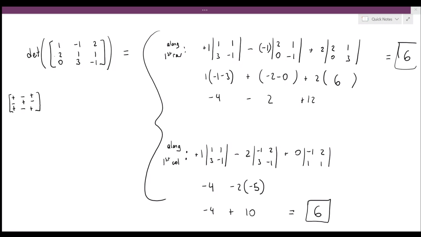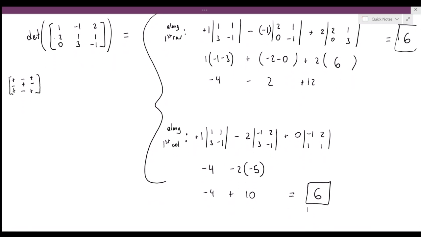Yeah, so like I said, people don't tend to use the big formula much for computation. The big formula is good from a theoretical standpoint, especially because we derived it using all the geometric understanding of what the determinant represents.